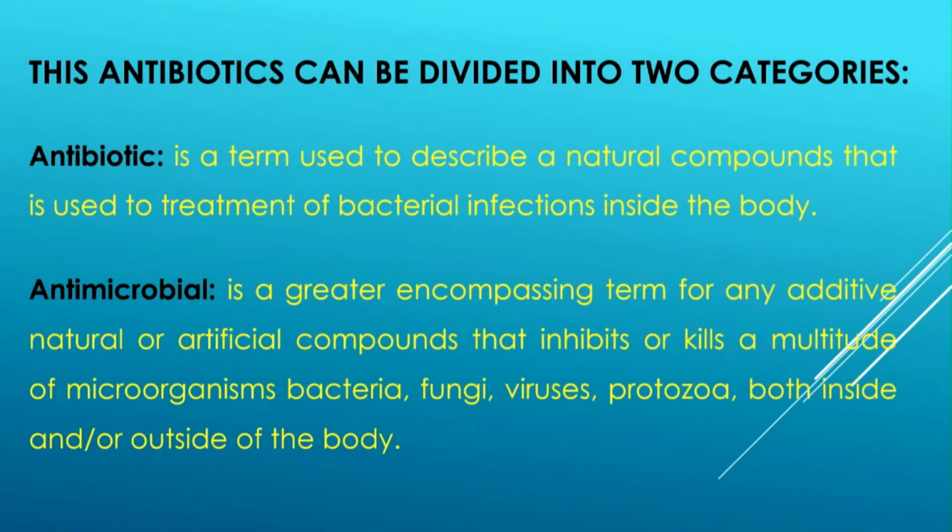Antibiotics can be divided into two categories, antibiotic and antimicrobial. What are the differences between these two? Antibiotic is a term used to describe a natural compound that is used to treat bacterial infections inside the body, while antimicrobial is a broader term for any natural or artificial compound that inhibits or kills a multitude of microorganisms: bacteria, fungi, viruses, protozoa, and others.